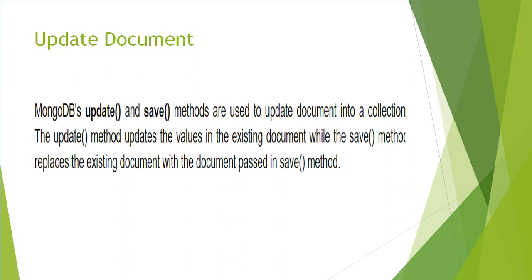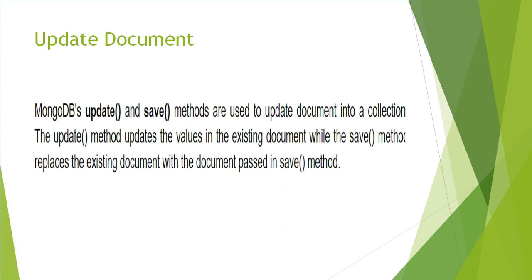When we talk about update, this method will update the value in the existing document. But what does save do? Now understand this very carefully. There is just a slight difference between update and save. The update method will update the value in the existing document, while the save method will replace the current document with the new one that we passed.